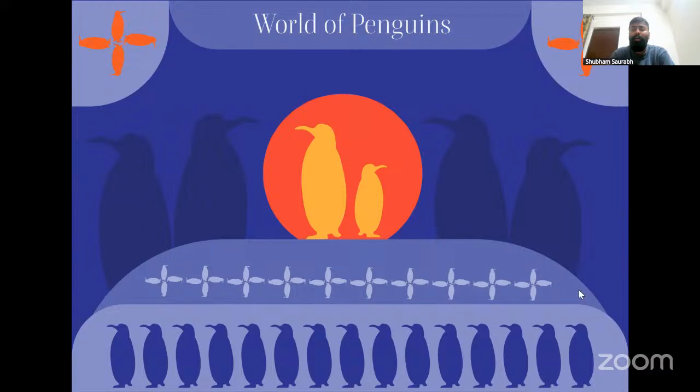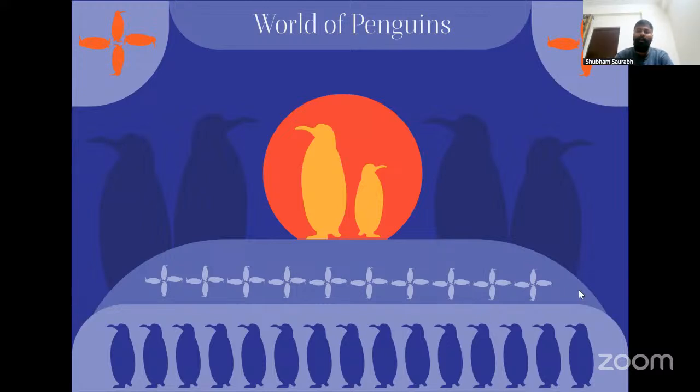There is no rule against overlapping, so one penguin can overlap another. And the fifth one is colors. We can add any color to our penguin. So by keeping these five things in mind, number, size, orientation, overlapping, and color, we can create a nice composition.